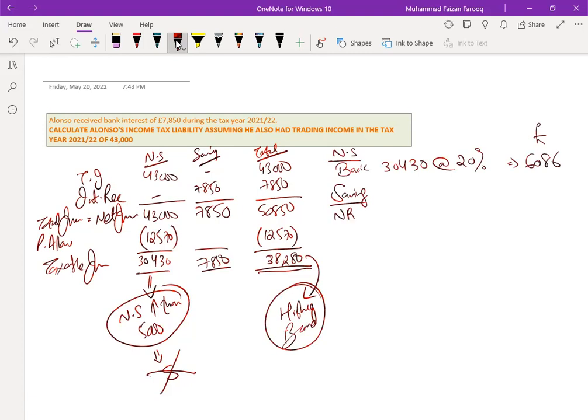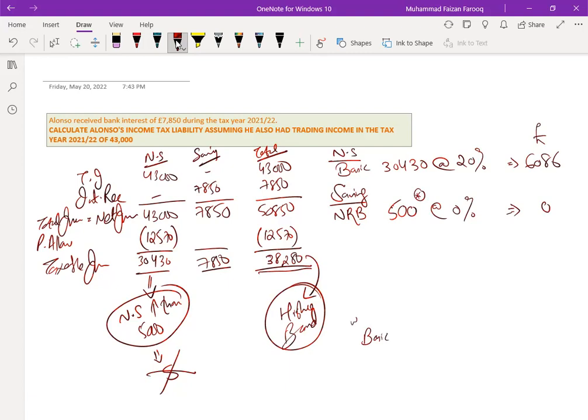The nil rate band, where the tax rate is 0%. How much amount falls in the nil rate band? 500. We discussed earlier that if it is a basic band taxpayer, the limit is 1,000. If it is a higher band taxpayer, the limit will be 500.